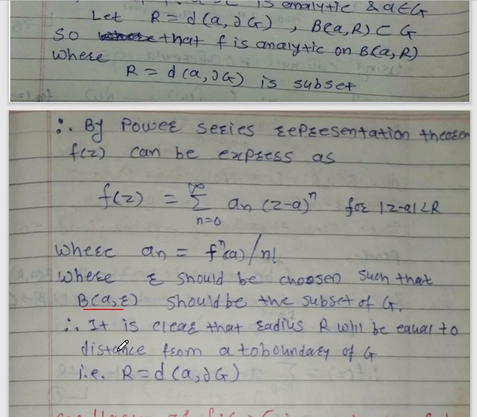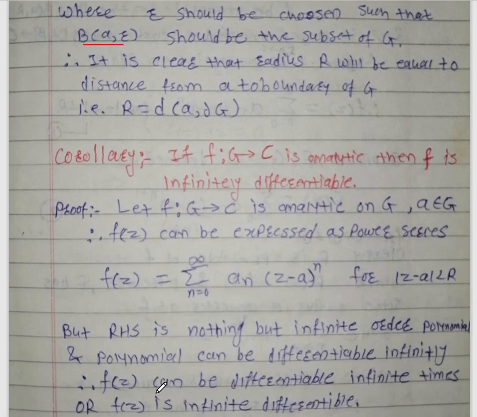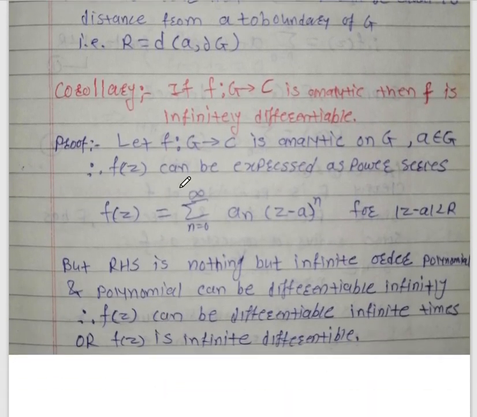So it is clear that the radius r will be equal to the distance from a to the boundary of G. So the radius equals the distance of a and del G. Okay, so this is the corollary of this theorem.